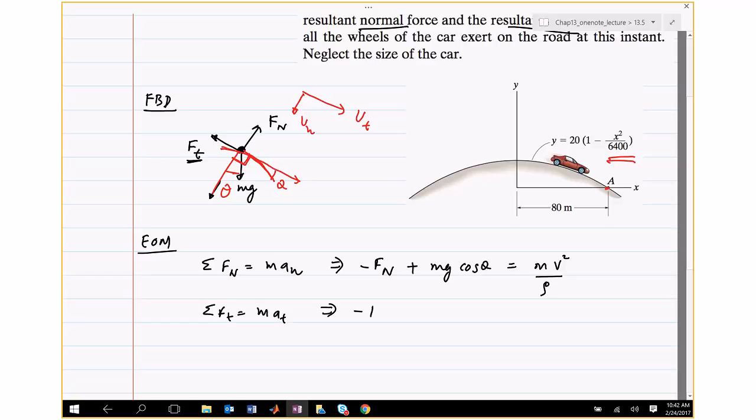So minus Ft is the tangential force because it's in the negative ut direction. And then there's mg sine theta. It's in this direction, the ut direction, so it's positive. Equals mass times the rate of change of velocity.